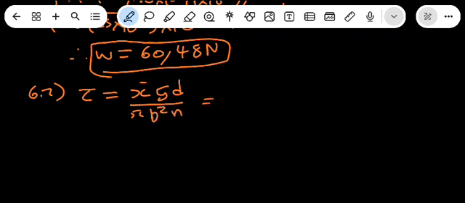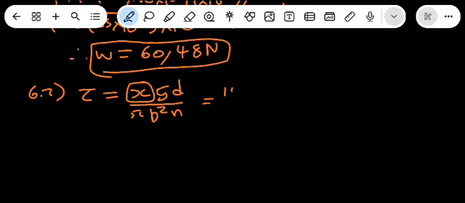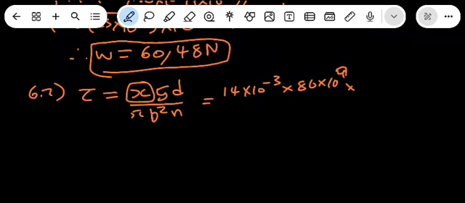So X, our deflection, was 14 times 10 to the minus 3 meter. G was 80 times 10 to the power 9, times the wire diameter, which is 3 millimeter.